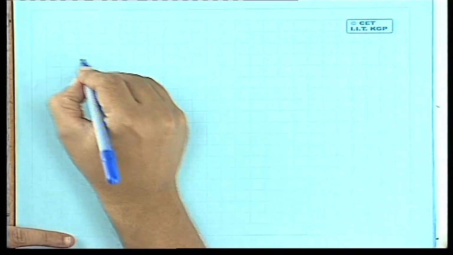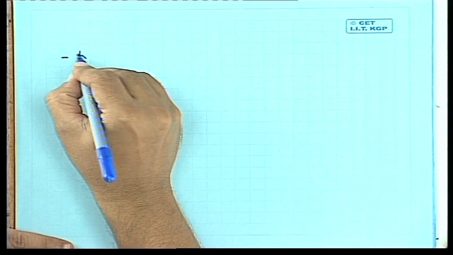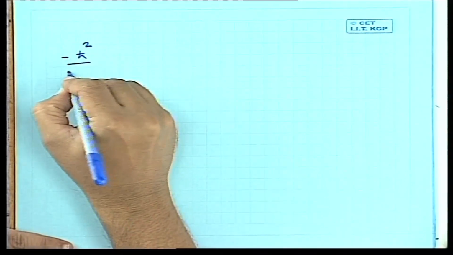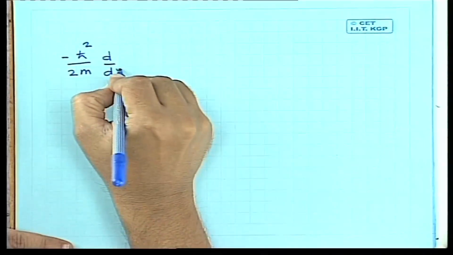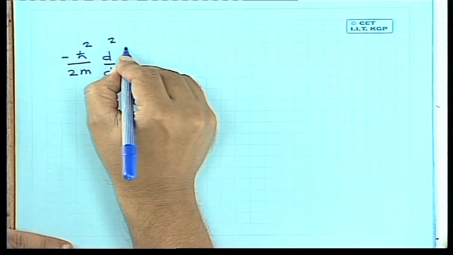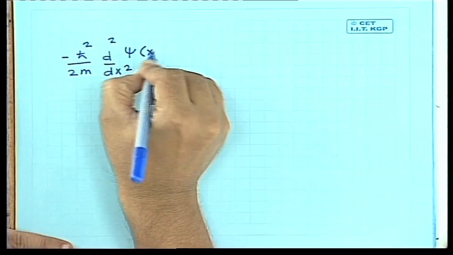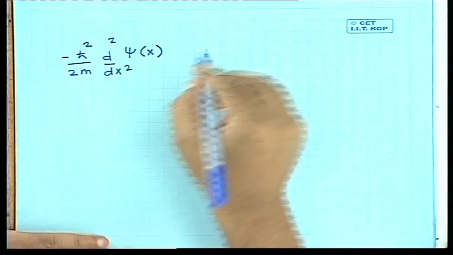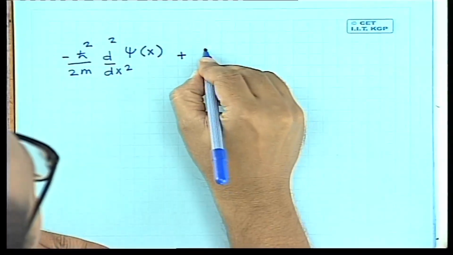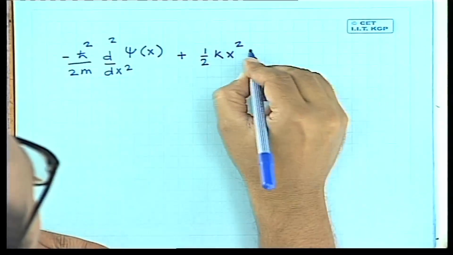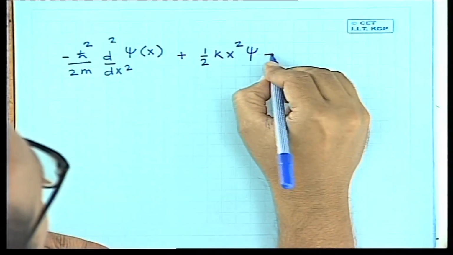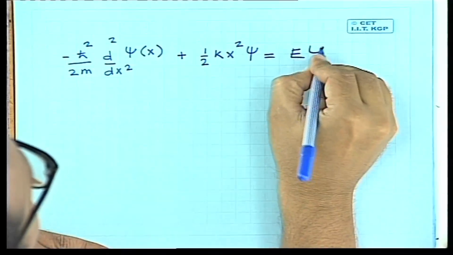So we have to now look at this equation for the simple harmonic oscillator problem: minus h cross square by 2m d square by dx square psi of x, plus half k x square psi, is equal to E psi.